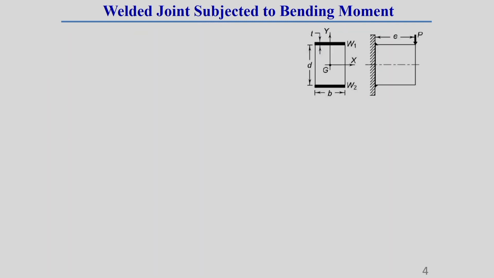Now, let us consider a small elemental area. Here I am just taking a small element out from this welded section. Let us say I represent the small element in terms of L. In this small element, what should be the different stress components?